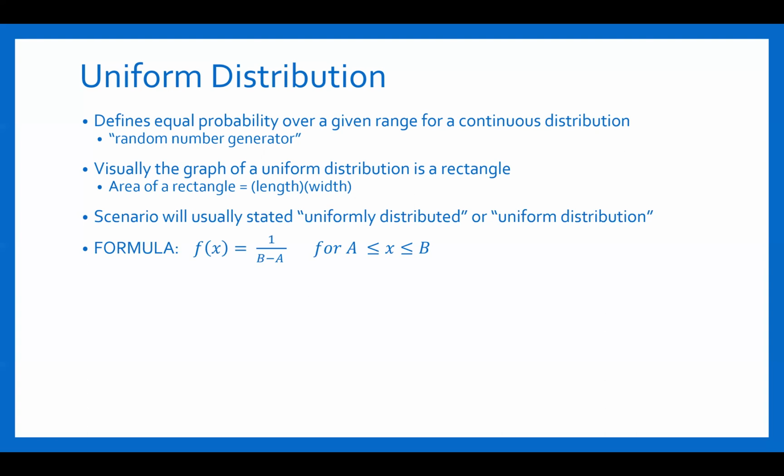The formula for defining the uniform distribution is f of x, the function, the graph, is equal to 1 over b minus a, where a is your beginning point and b is your ending point, and that is inclusive. It includes those endpoints. We can also calculate the mean and the standard deviation of a uniform distribution, and there are those two formulas, and we'll refer back to them.